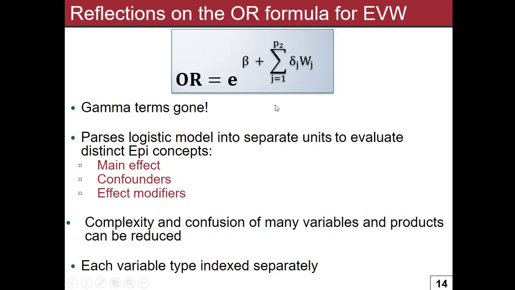Doing it this way lets you reduce the complexity of your model and say, okay, these things will not appear in the odds ratio. When we set up our odds ratio or contrast statements in SAS, we're going to ignore the V terms. So again, this is our tool for navigating logistic models through an epidemiologist's lens.